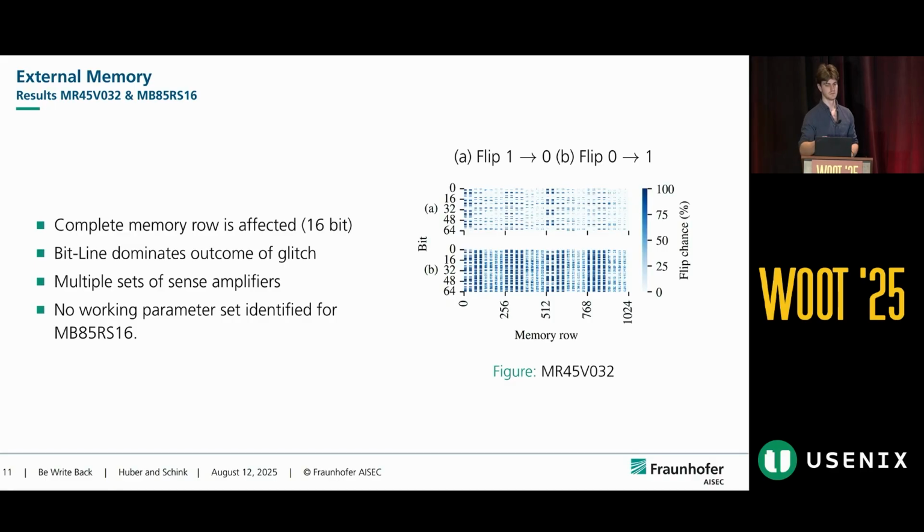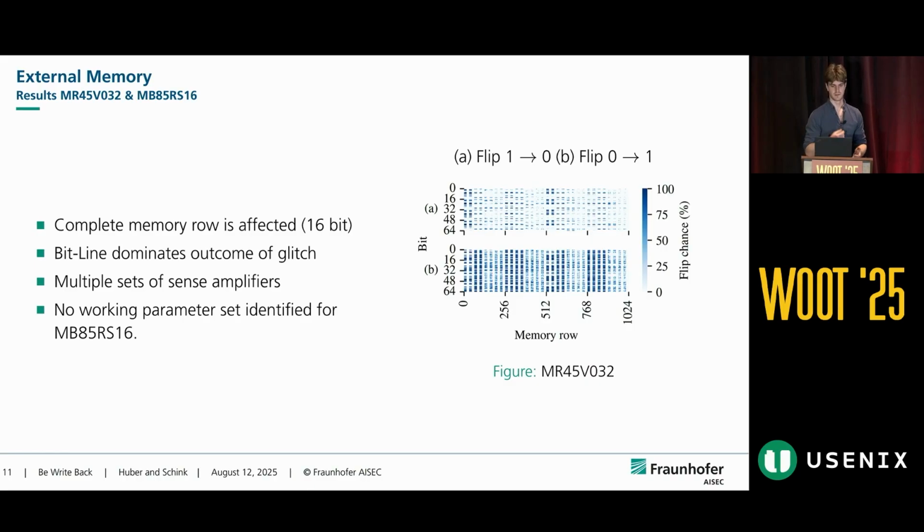For visibility, we always stacked 4 physical memory rows in one column of the heat map. Otherwise, you would get a really long heat map. Again, it's the same as for the first memory: the bit line dominates the outcome of your fault injection. However, this device seems to implement multiple sets of sense amplifiers or bit lines, which you can see by the different light and dark pattern.